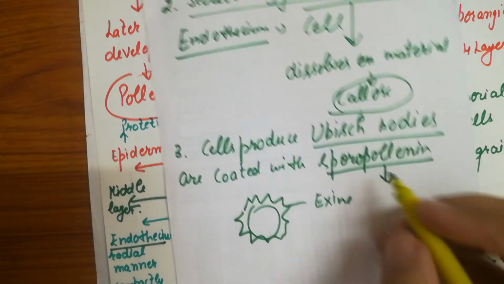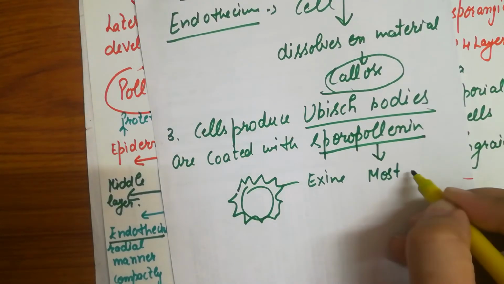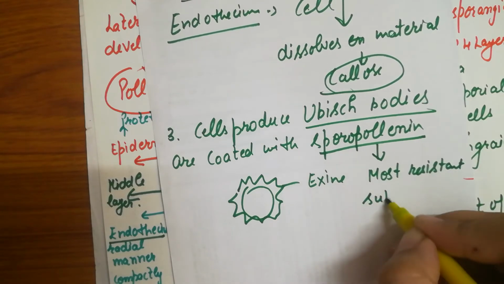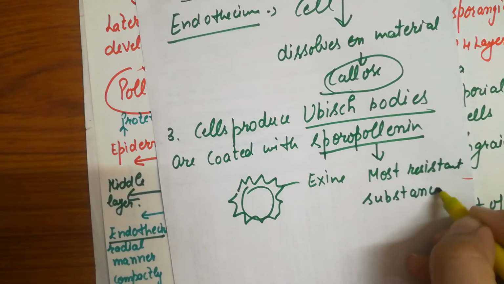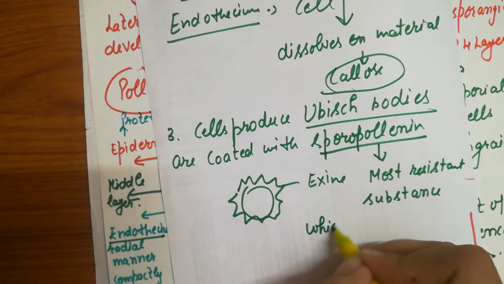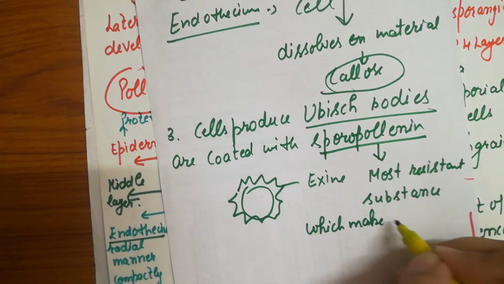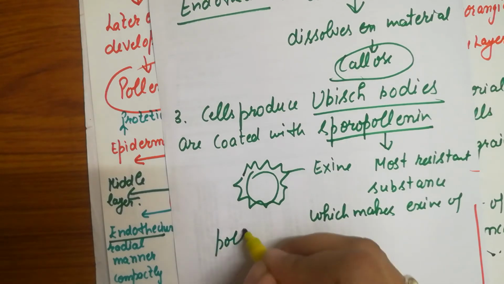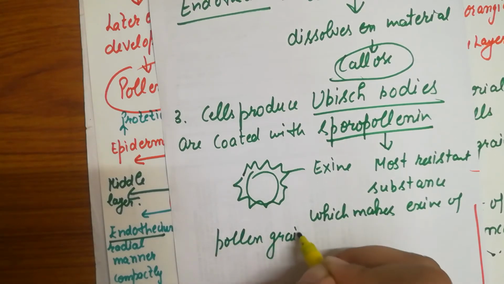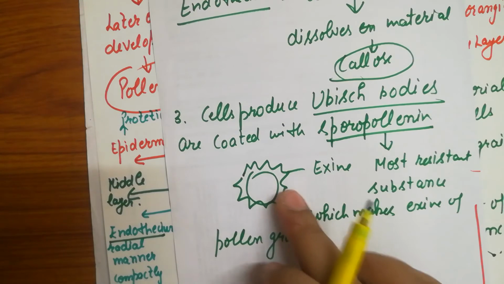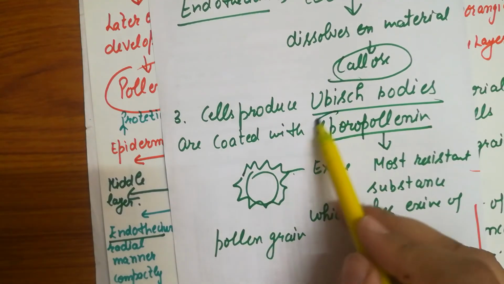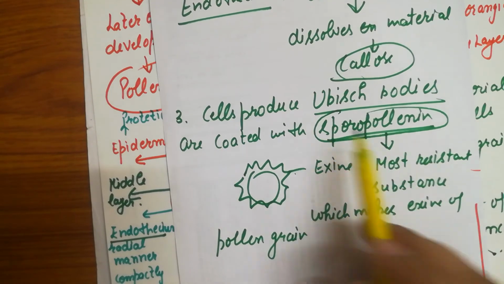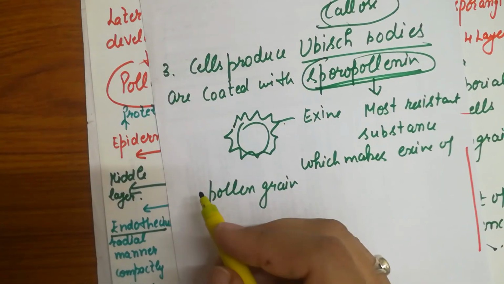Now the question is, what is sporopollenin? It is the most resistant substance, which makes the exine of the pollen grain. I hope it is clear now that the outermost layer of the pollen grain is exine, made of sporopollenin released by tapetum.